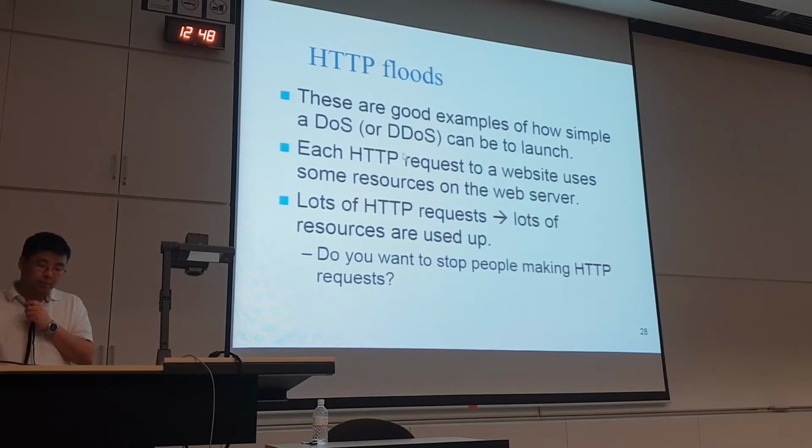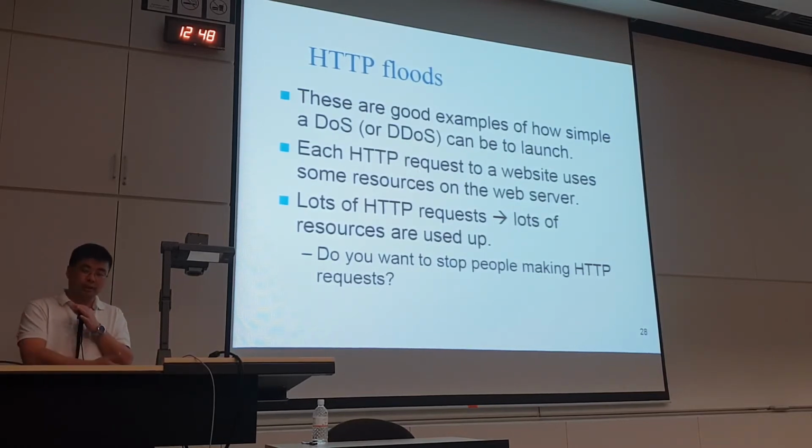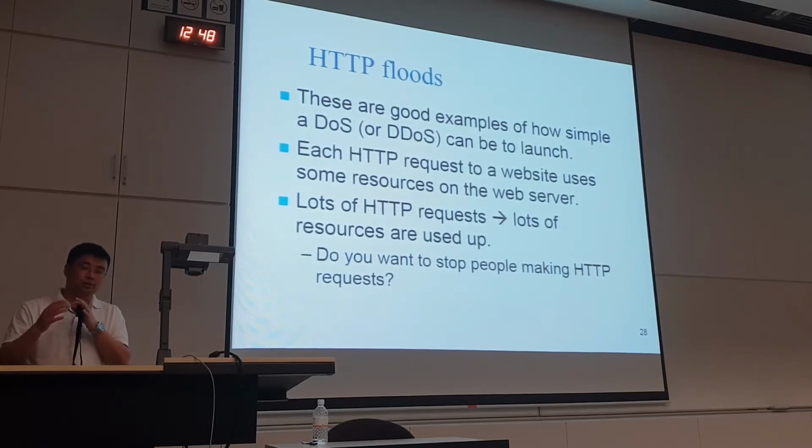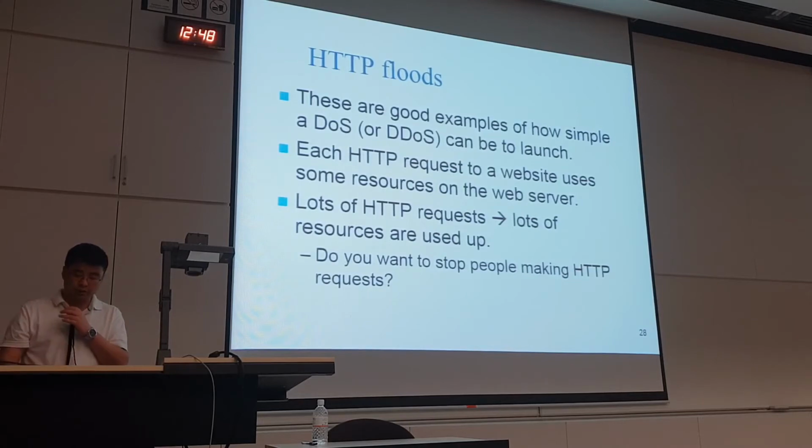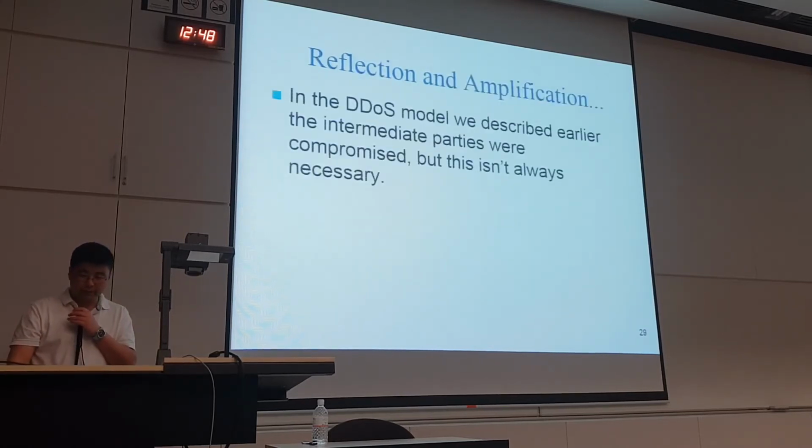It's also difficult to prevent this kind of attack, as I mentioned. If this is a public web server for your company, you usually don't want to block requests, at least not all the requests from different addresses. So in this case, it's difficult to prevent.